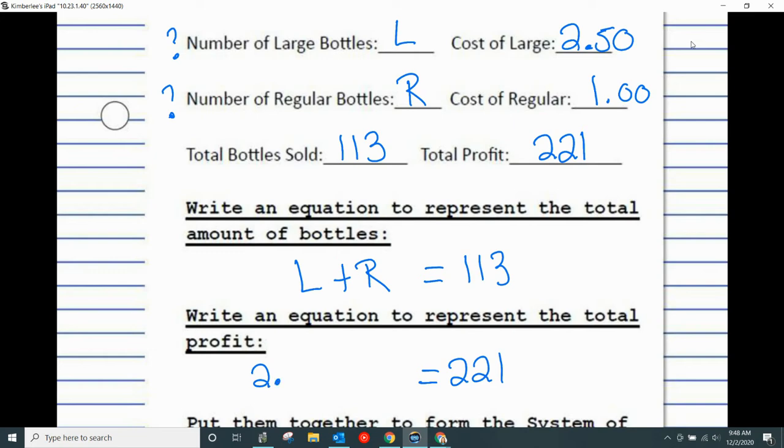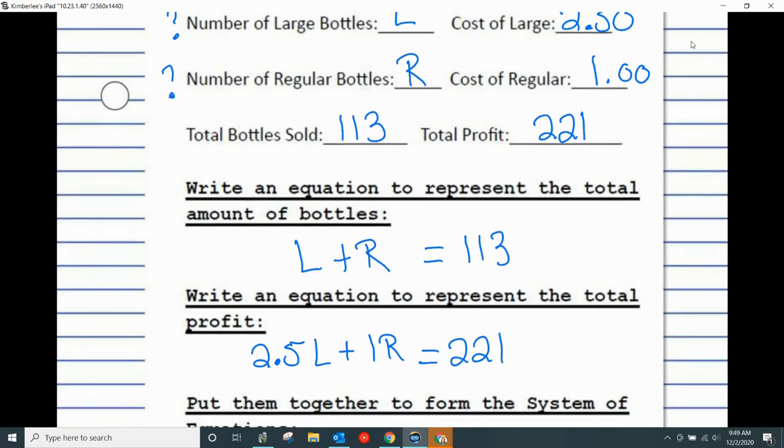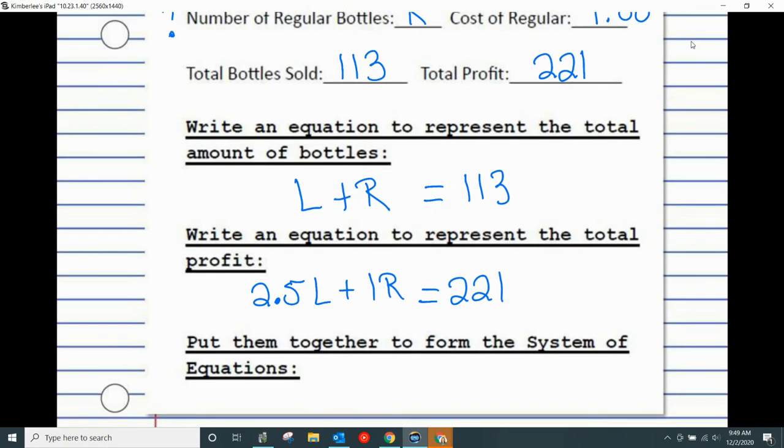So if I took that $2.50 and multiplied it times however many large bottles I sold, and then added it to the $1 we made for every regular bottle we sold, I should get the total $221, right? Because if my large bottles cost $2.50, and if I sold, I don't know, 10 of them, well, I would say 2.50 times 10. So that's why I said 2.5 times L. So this is really common. There are our two equations.